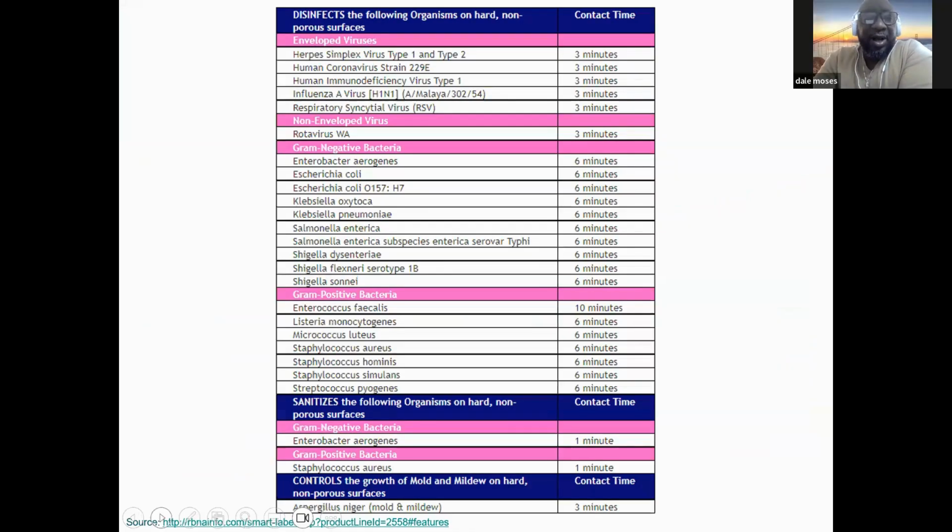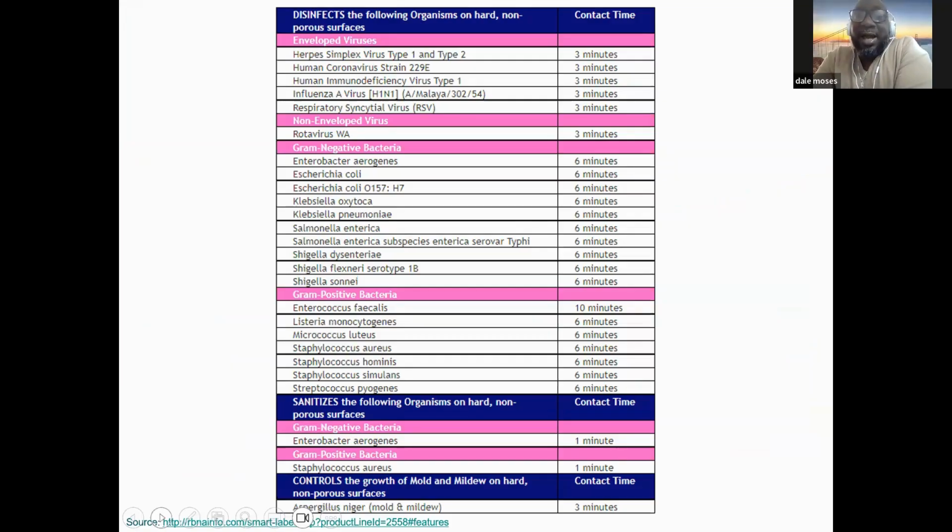And at the back here, I just put these are some of the organisms that some of the disinfectants do kill. A lot of times when I discuss cleaning and disinfectants, people are like, oh, HIV. I'm like, HIV is extremely easy to kill and it will die by itself in the environment if left in some type of bodily fluid or blood that's left out. Our biggest concern is hepatitis.